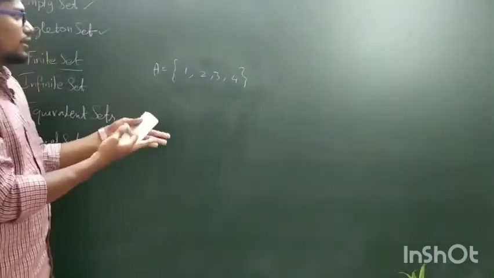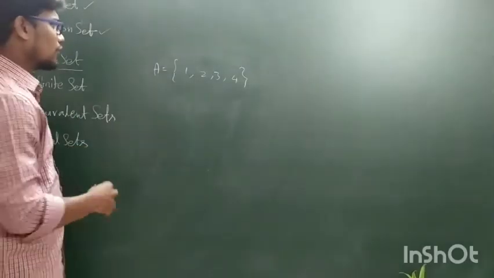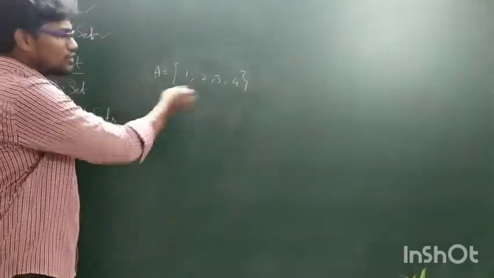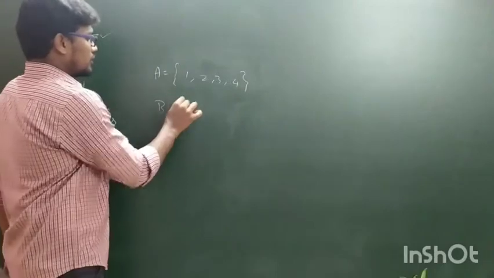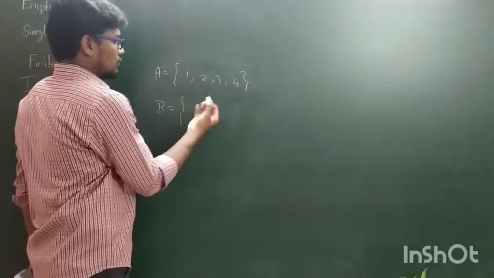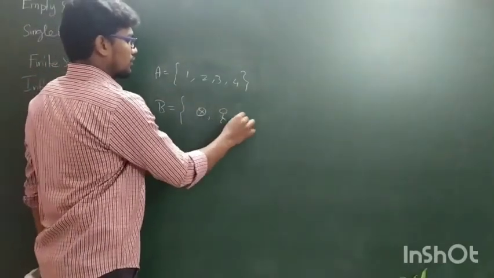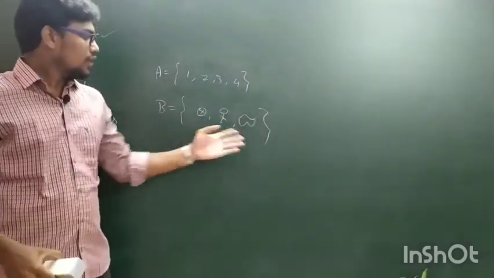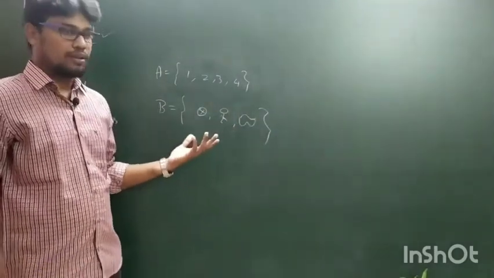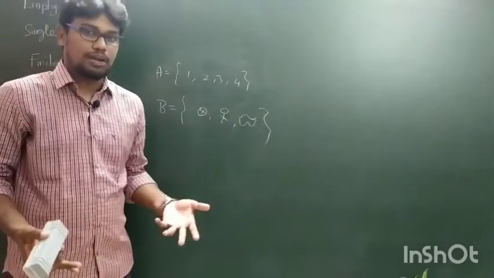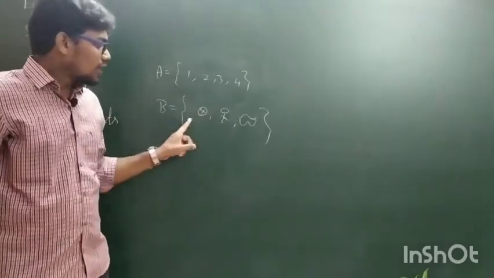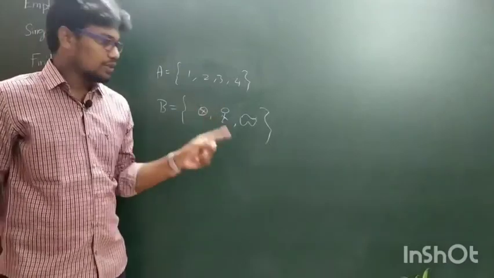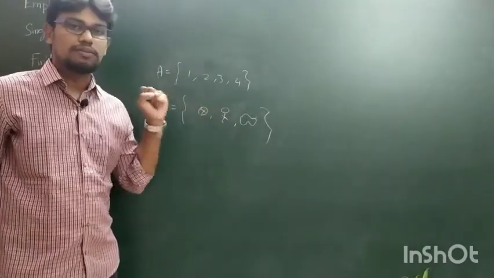This is the usual kind of set we see in books. It need not always look like this. Say B is a set. It has some objects, like this or this. There are 3 objects. The object could be in any manner, but if we count them, we should end up with a finite number. This is 1, 2, 3. So totally we have 3 elements.